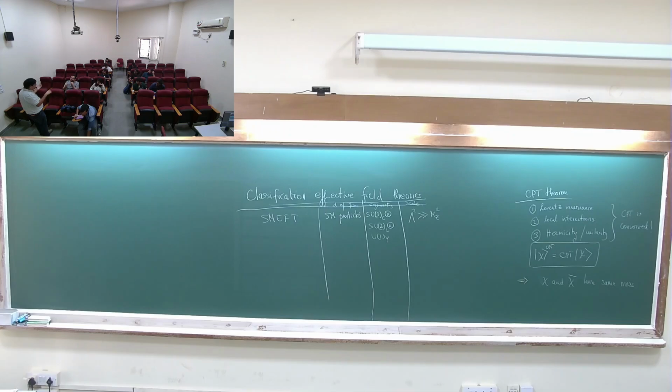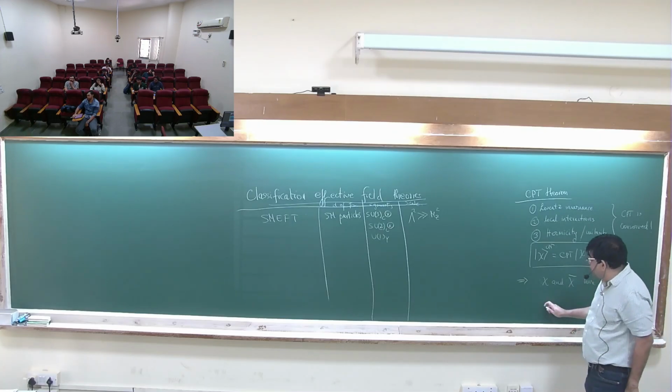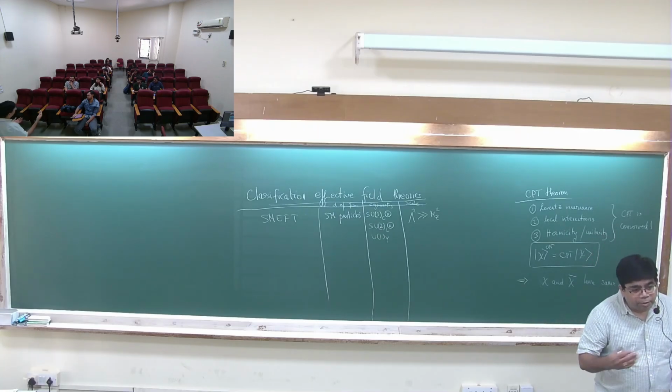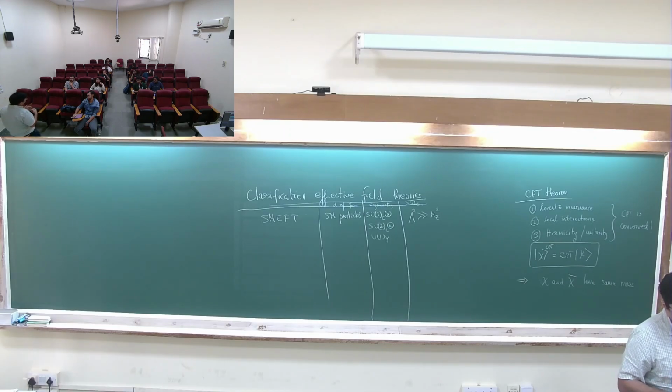It violates a lot of stuff. Yes, you need Lorentz invariance for CPT. Now, the point is that if you break Lorentz invariance, you have 2 sets of operators. One are CPT odd, and some of them are CPT even, if you classify all possible operators.